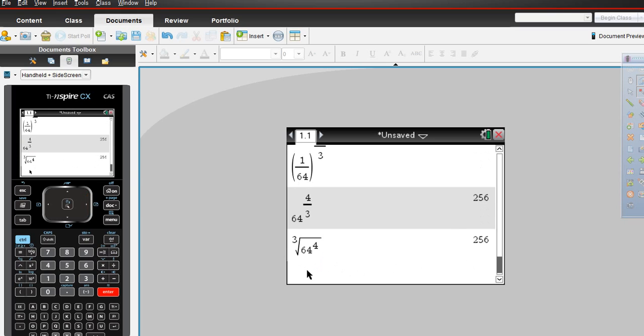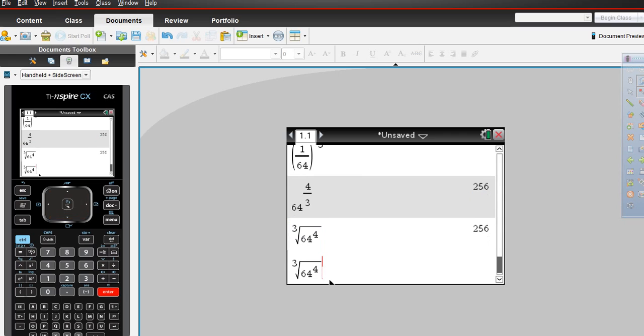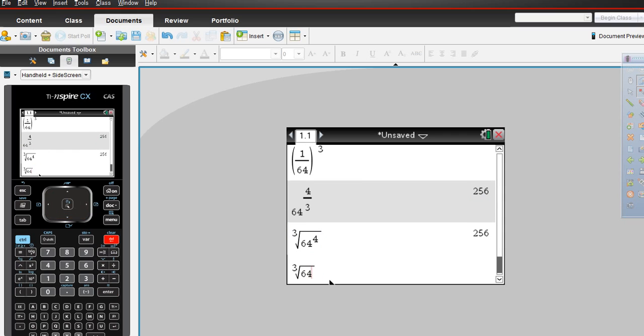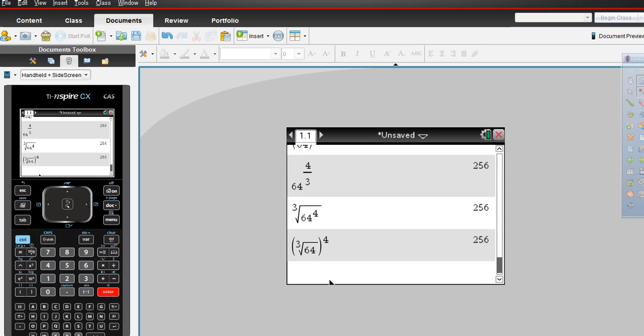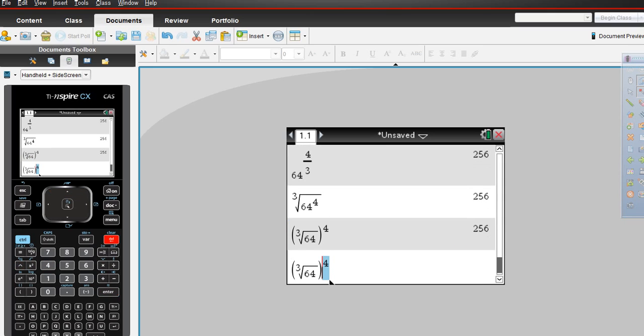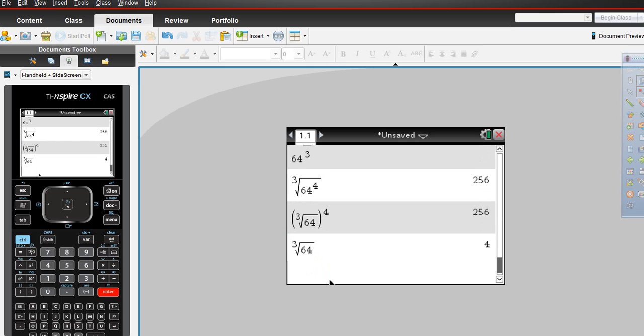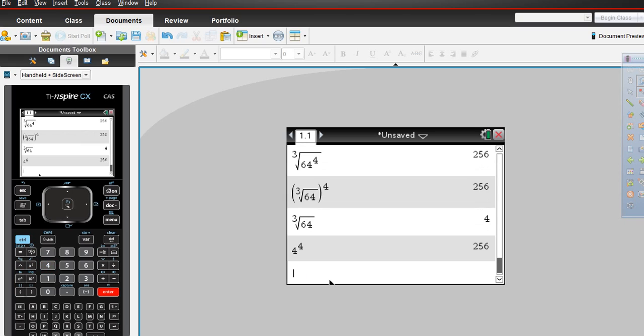I could also take the cube root, this is what I did, right? Take the cube root of 64 and then raise that to the 4th power, and let's see what that looks like. Because if I just took the cube root of 64, that was 4. So then I raise it to the 4th power, that's when I get 256.